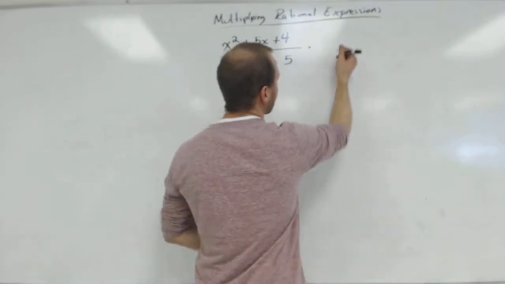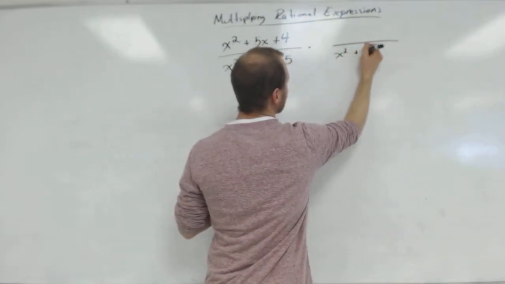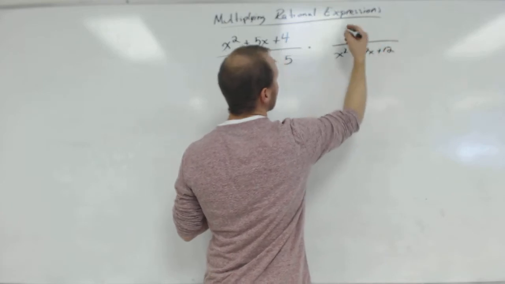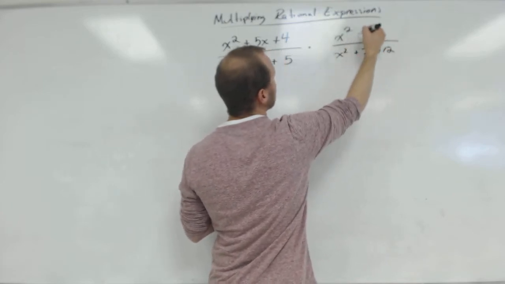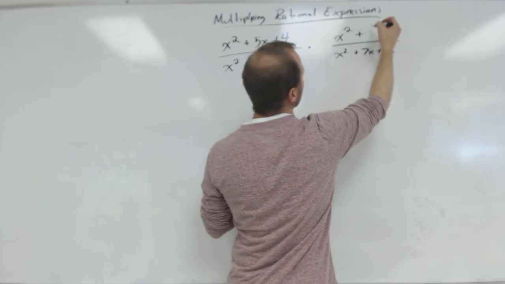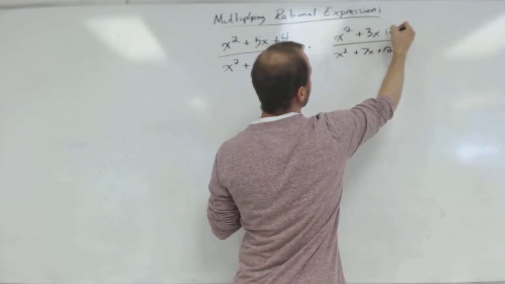I wanted that to be in the bottom. X squared plus 7x plus 12, and then the top x squared plus 3x.